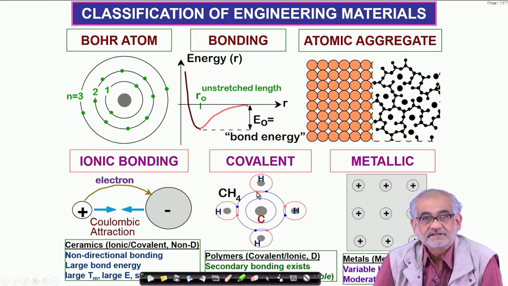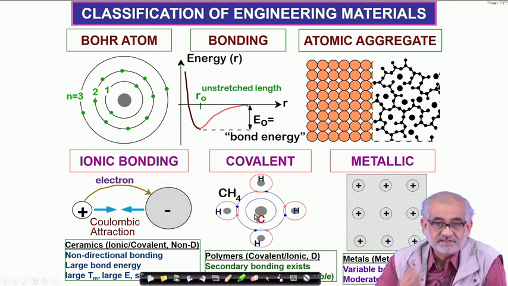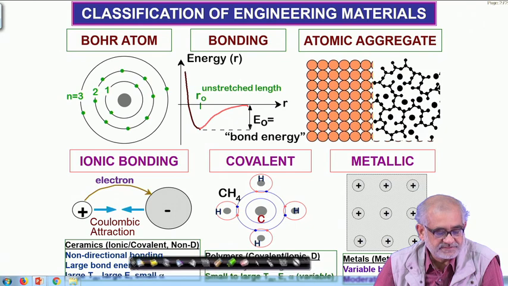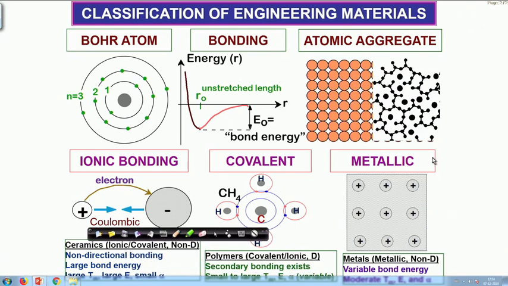And this covalent bonding leads to the classes of materials which we call polymeric materials. So here we are talking about directional bonding, fairly large to very small, both are possible, and because of which you are likely to see fairly small to fairly large, so a band of melting temperatures, variable coefficient of thermal expansion, and also variable elastic modulus.